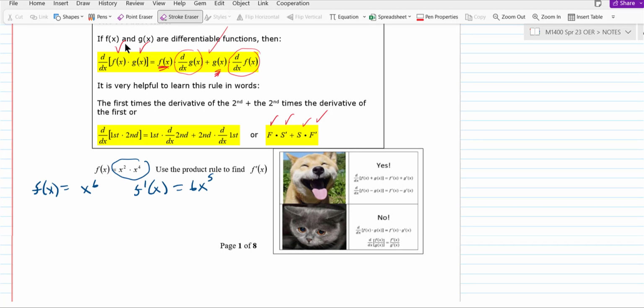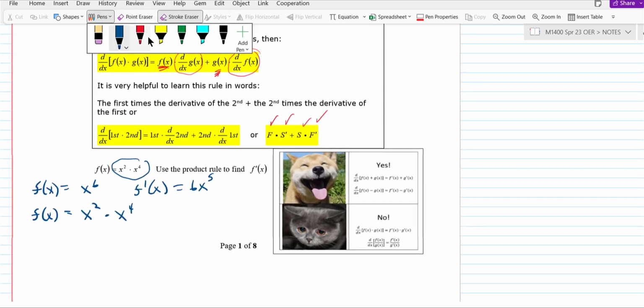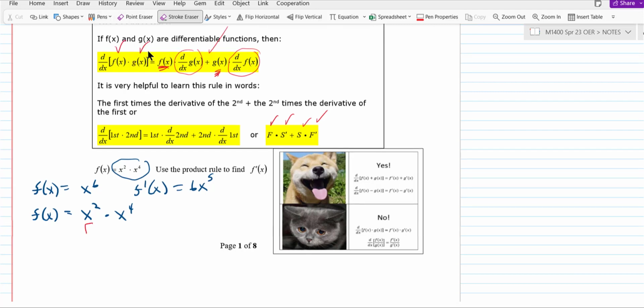If you encountered that problem, you wouldn't do the product rule, you'd just do that. But the point is to show you why this works. So what I'm going to do on the product rule is this. Basically, the first part is going to be the x to the second, and the second part's going to be the x to the fourth.